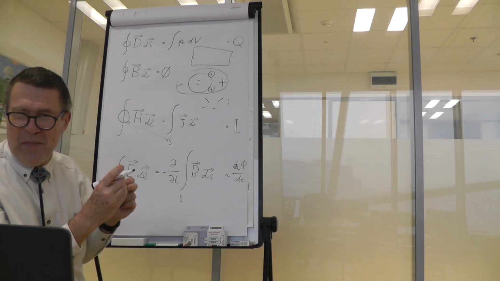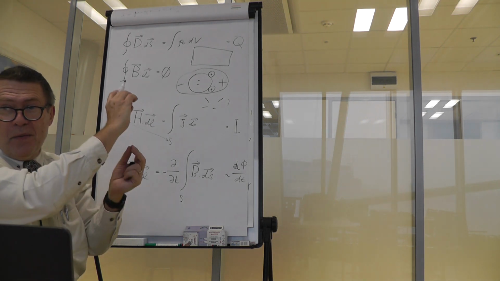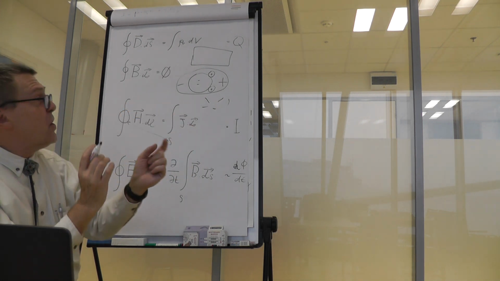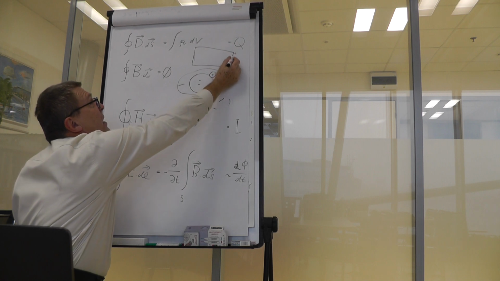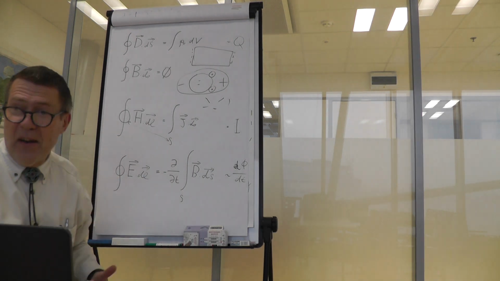Sorry, molecules. But now if we apply the field, those atoms or molecules tend to turn. So that, for example, the positive charges would accumulate here and the negative charges would accumulate here.